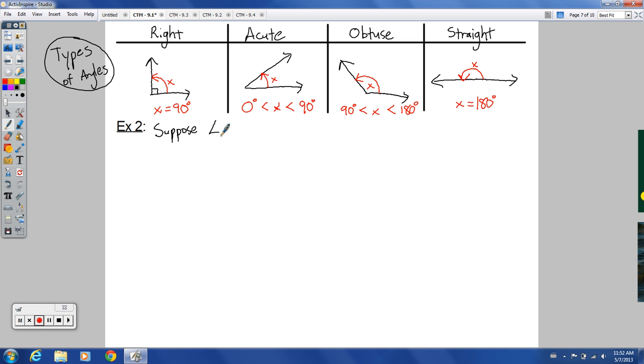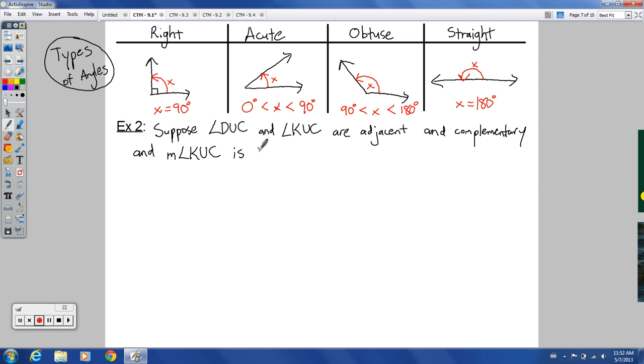So now let's say that this was the case, that DUC and KUC are adjacent and complementary, and the measure of angle KUC is 21 degrees greater than the measure of angle DUC.